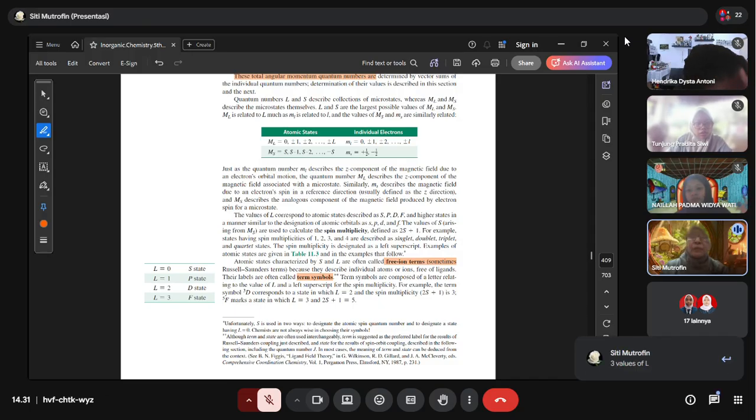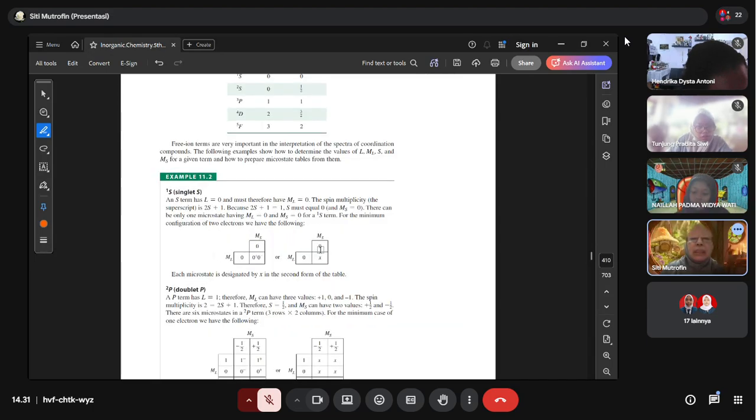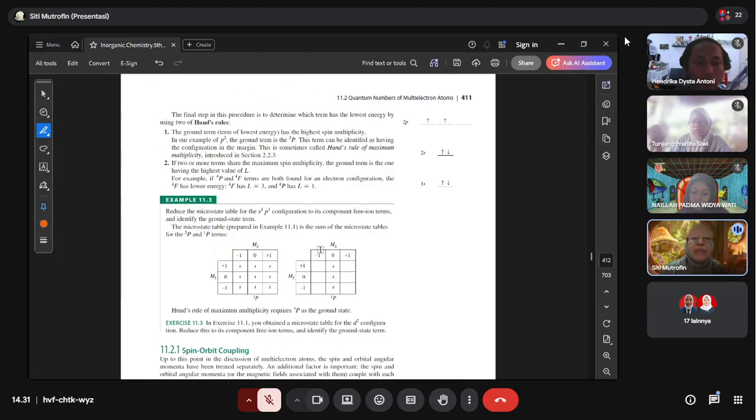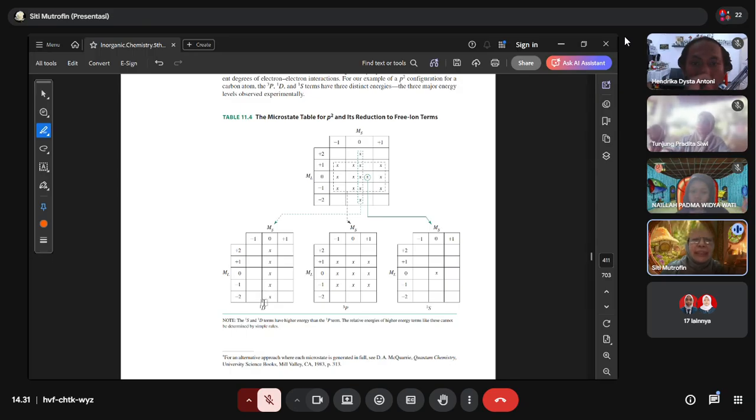Now, how to find the value of S? This one: 1, 3, and 1. For D, it is very simple, because the multiplicity is 2 times S plus 1.